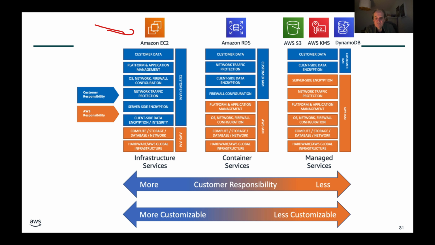This is infrastructure as a service, and this is more platform as a service. These are data infrastructures which are managed by AWS mainly. This is mainly managed by the customer.